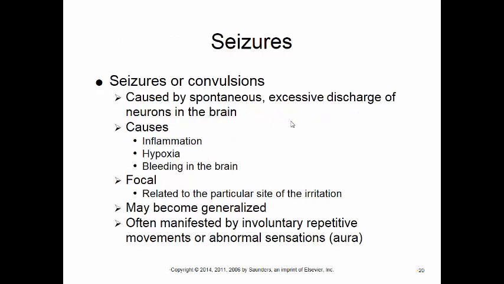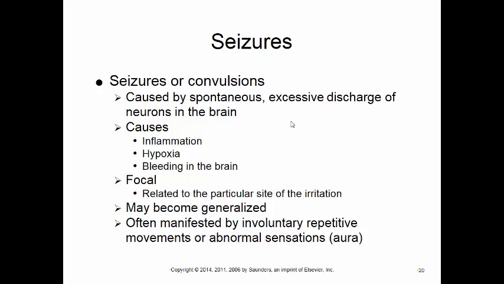Moving on to the next general category of neurological issues are seizures or convulsions. Seizures are caused by spontaneous excessive discharge of the neurons in the brain. I always think about it like an uncontrollable lightning storm spreading throughout the brain. The causes include things like inflammation or hypoxia, or even a hemorrhage, brain bleeding.